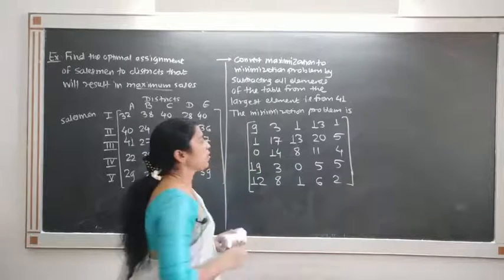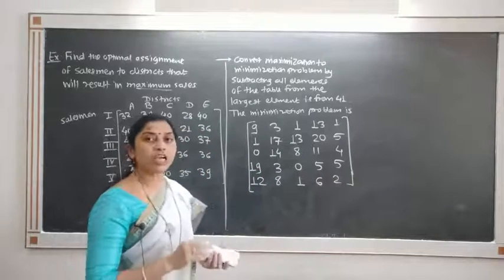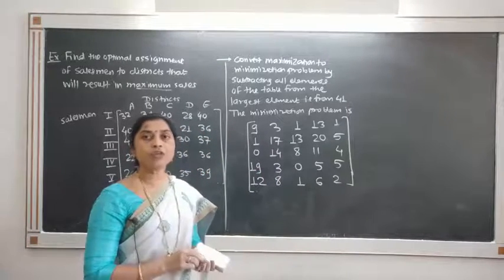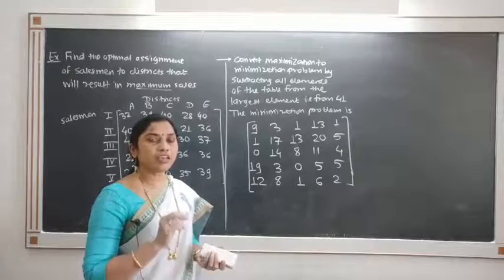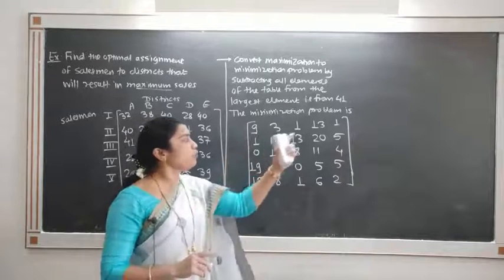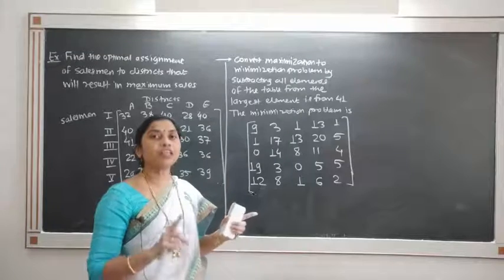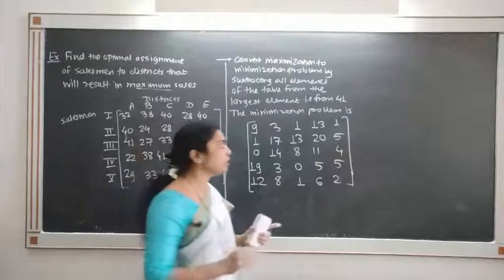So now this is the minimization problem. Once we get minimization, we use the Hungarian method: firstly, from every row we find the minimum and subtract it from each row.